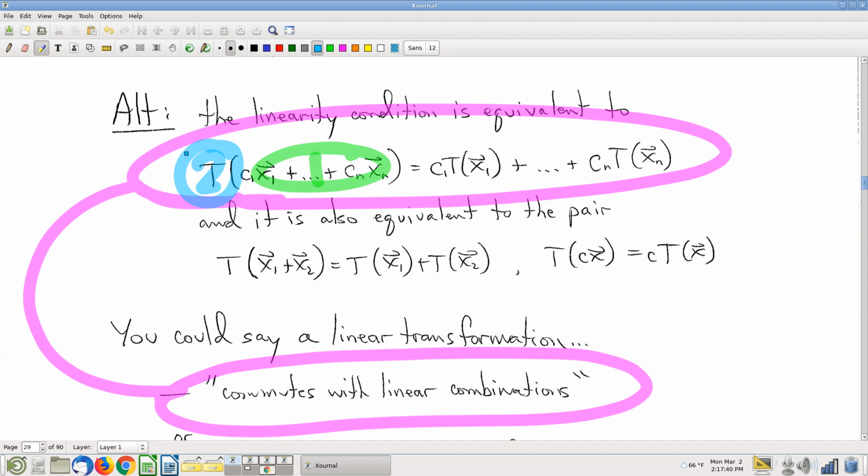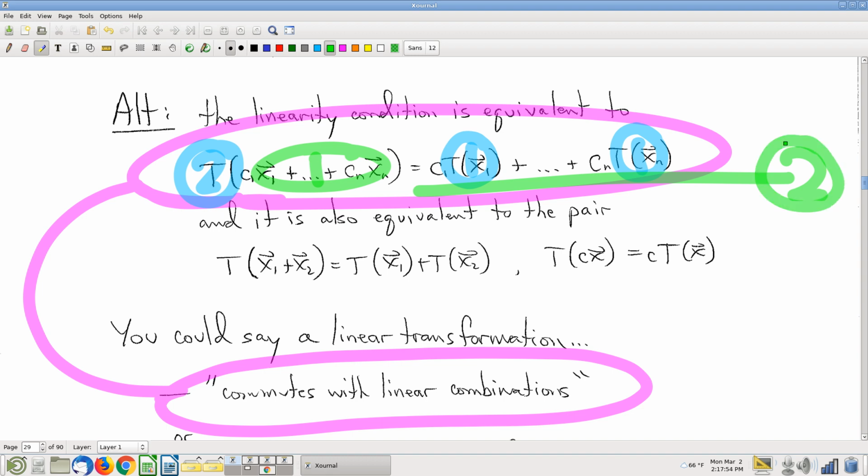That's on the left side. On the other hand, on this side, we're applying the linear transformation first, and then we're doing the linear combination second. So it smacks of commuting. It's a little bit of an abuse of the term, but it rolls off the tongue so nicely that people will still use it. Okay, so this is what people mean when they say commutes with linear combinations. Alrighty.